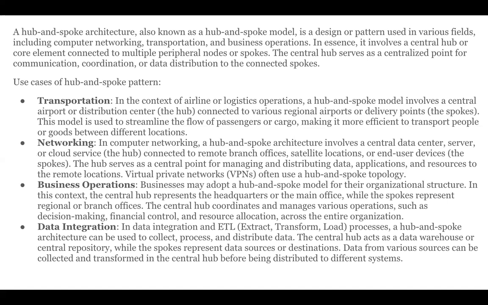Another very good practical example is Kubernetes. The manager node of Kubernetes contains the API server, which uses this hub and spoke pattern. So this is, in short, the hub and spoke pattern.